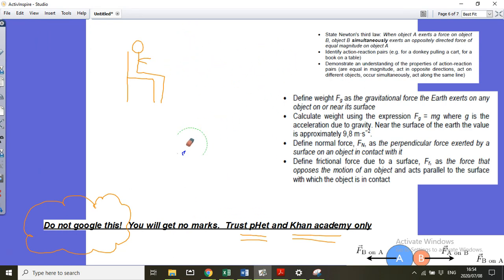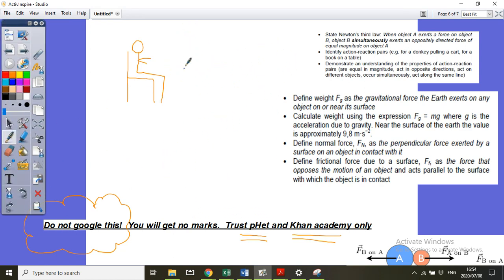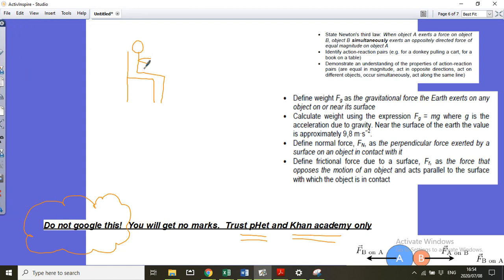Then the next one, again, they're not going to say, what's the force of KVS on the chair? Because that would be too easy. If I say, what's the Newton's 3 reaction force of the force of KVS on the chair?